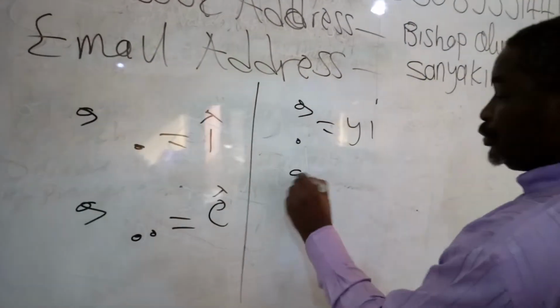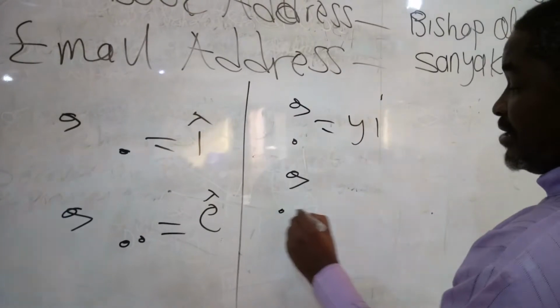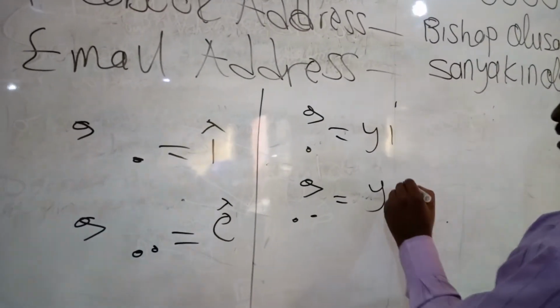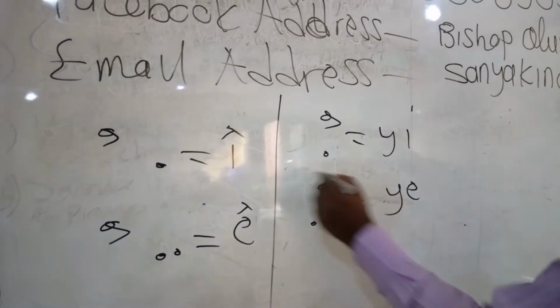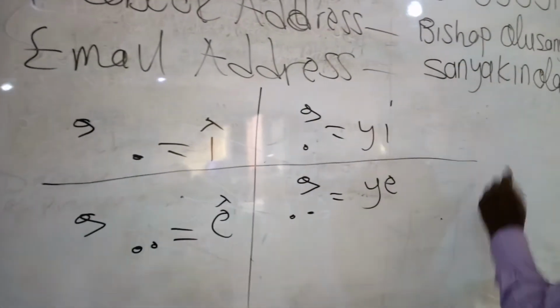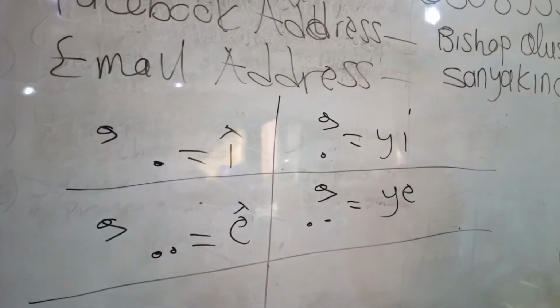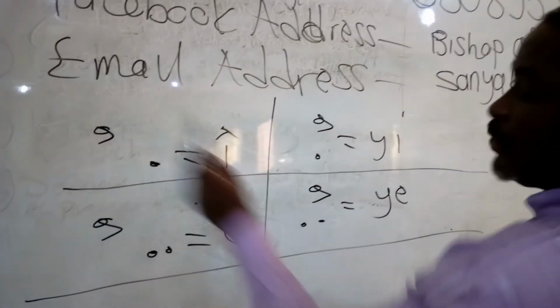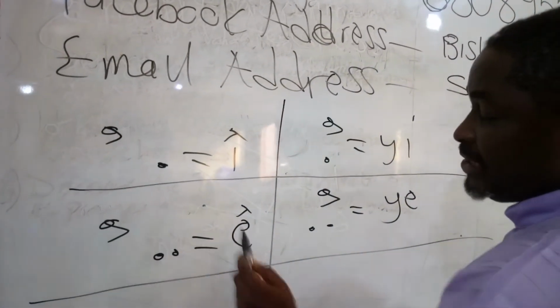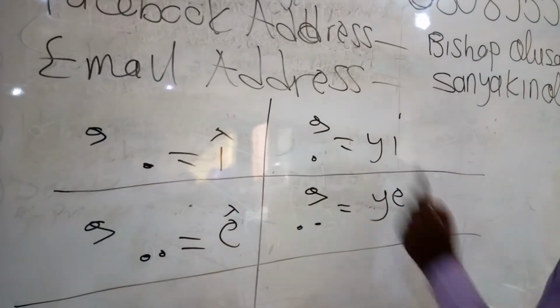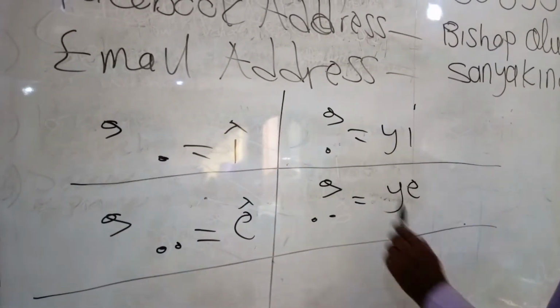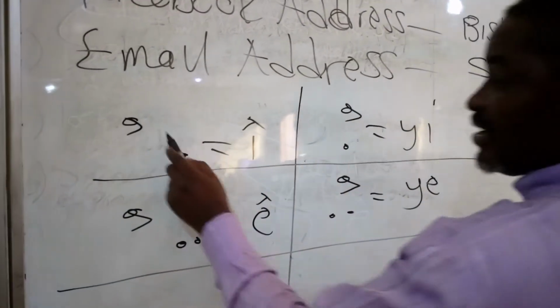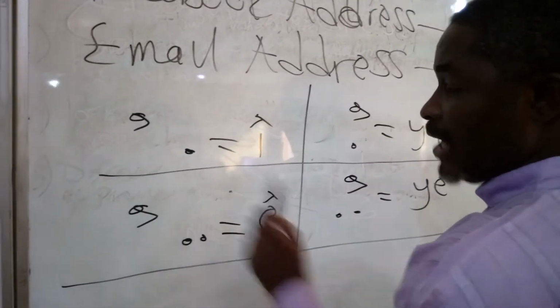Then you have yod sere, which is Y. I think you should be able to differentiate this now. Erect yod I, sere yod E, yod erect Y-I, yod sere Y-E.